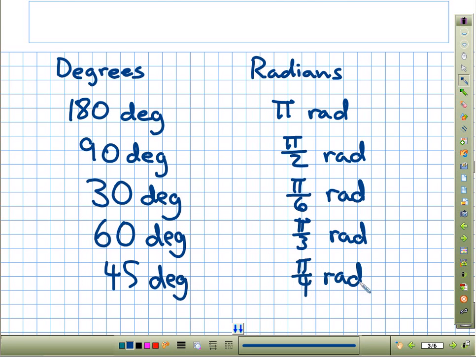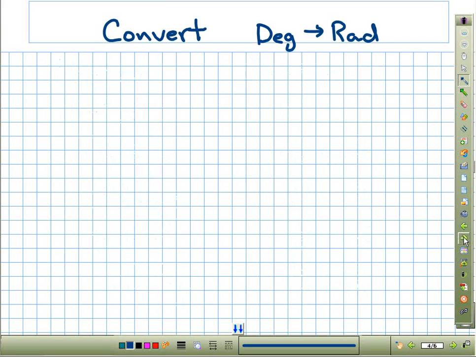So we know what a radian is, and now we know some of the basic angle measures in terms of radians. Now let's be a little bit more general. Let's go back to this idea, and we want to go from degrees to radians. So let's suppose we have 180 degrees, and we know that that equals pi radians.